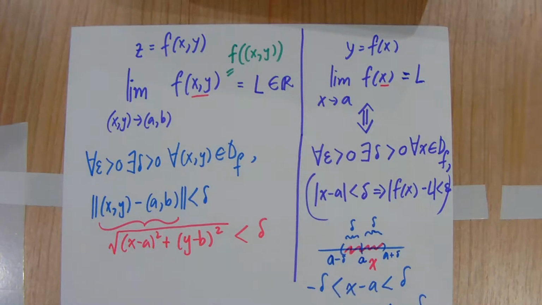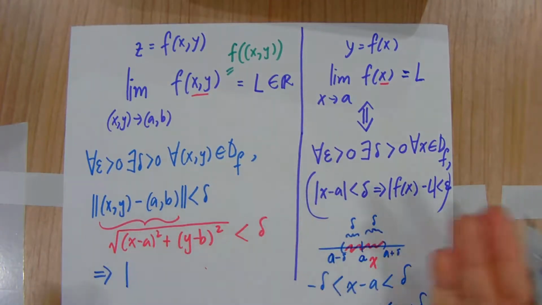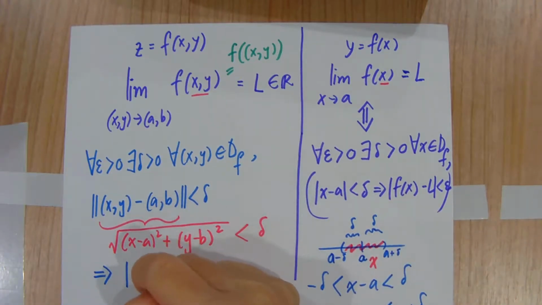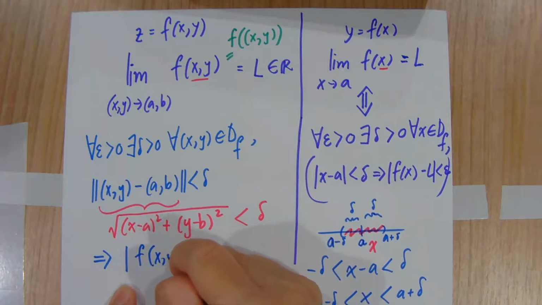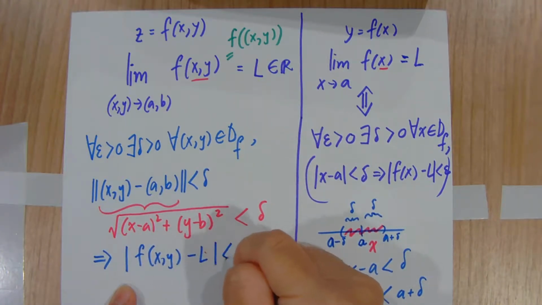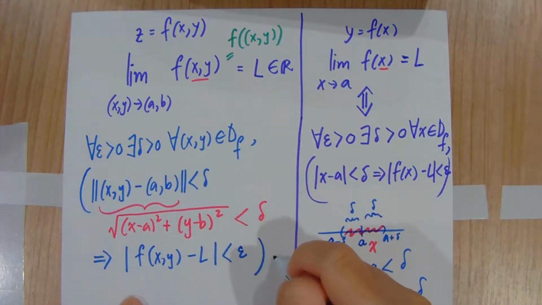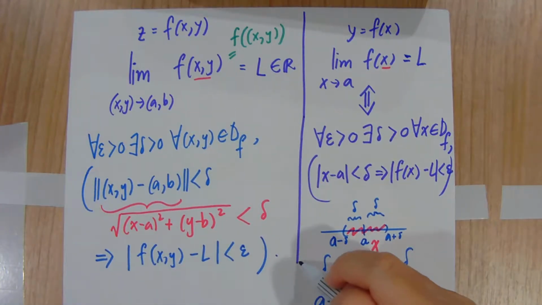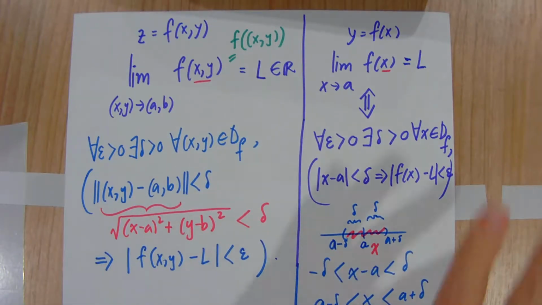Okay, and then f(x, y) is just in one dimension, so we just use the absolute value of f(x, y) minus L, also less than epsilon. Okay, so this is the meaning for functions of double variables.